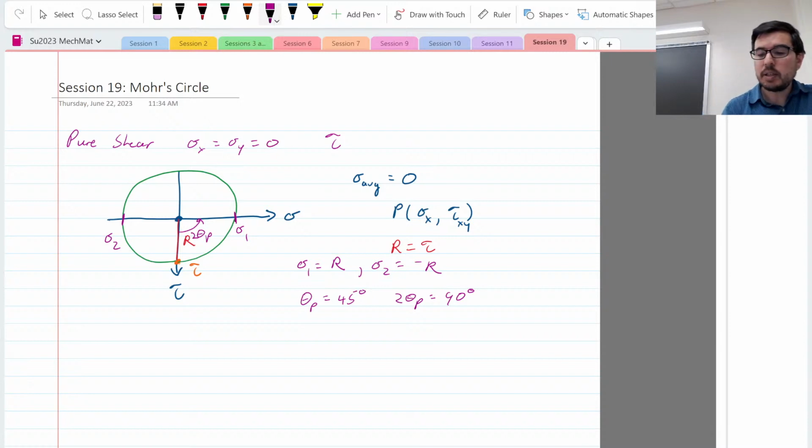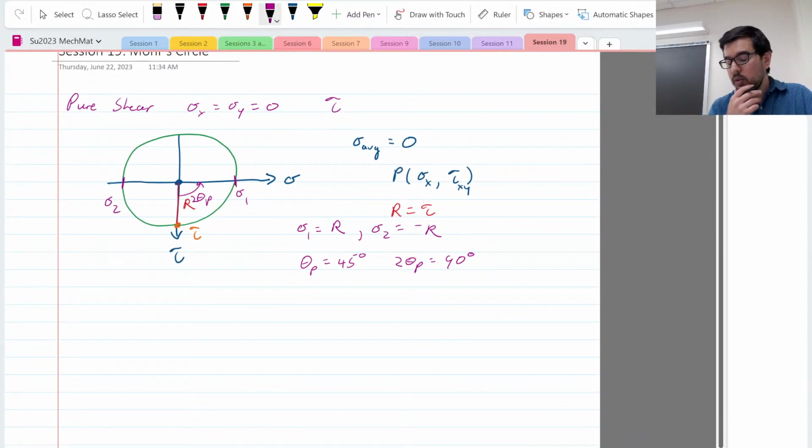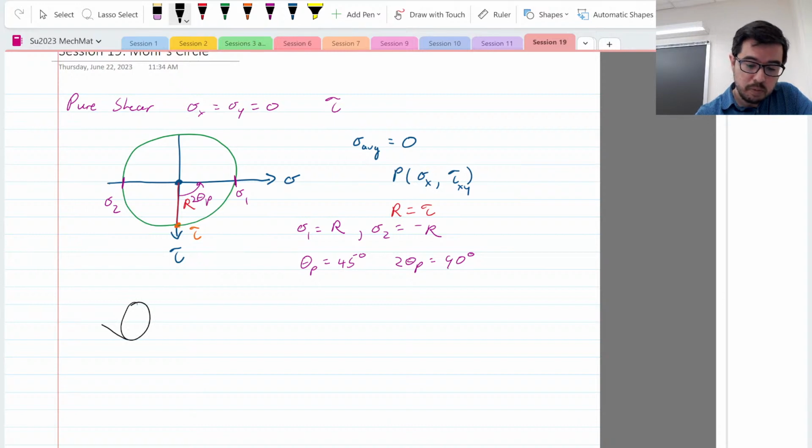This is a good question to ask Carlos because this corresponds to a situation where you have a cylinder that might be having some applied torque to it, right?